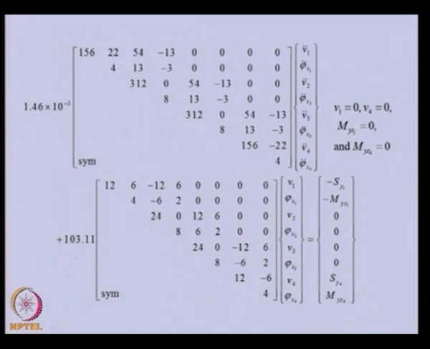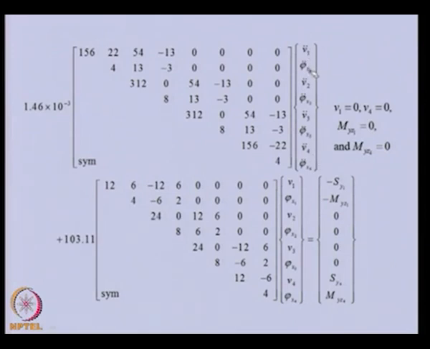Assembly we already discussed in detail for torsional vibration, and it is the same here, so I am not giving more detail of the assembly procedure. But you can see that this particular vector now contains all the degrees of freedom.